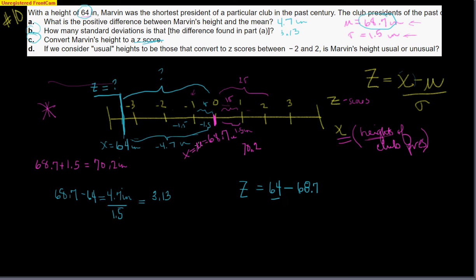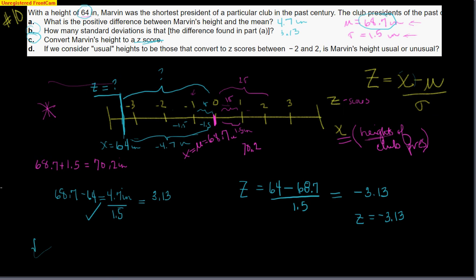And then we divide all of that by the standard deviation of 1.5. It's basically what we just did over here, except because you've put it in the right order, we end up with negative 3.13. So z equals negative 3.13. Marvin is 3.13 standard deviations below the mean.